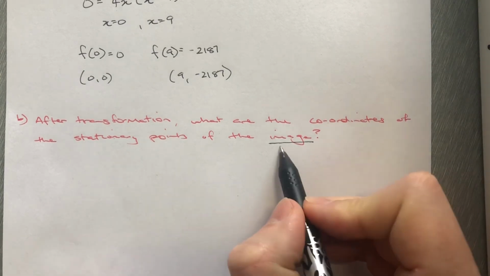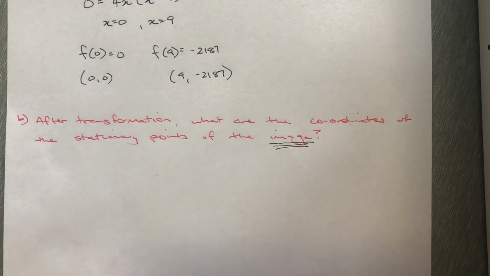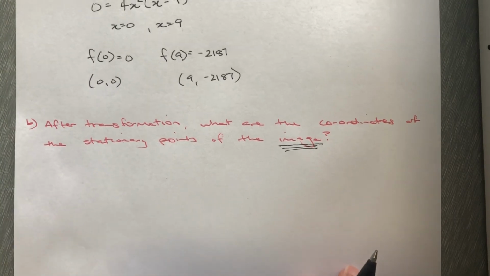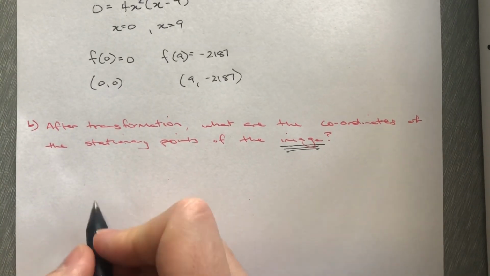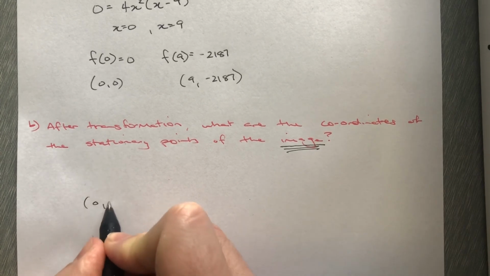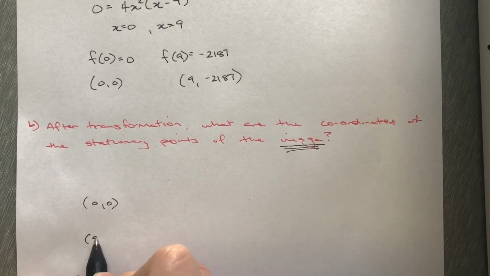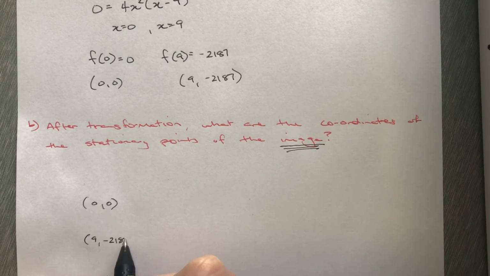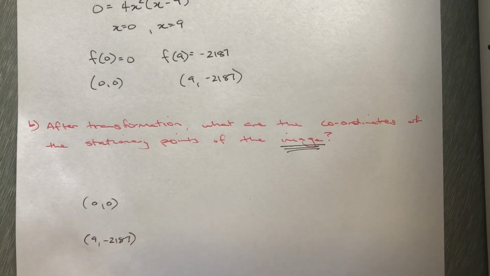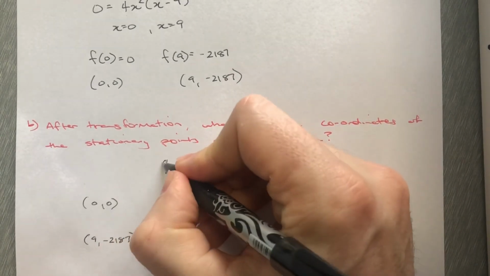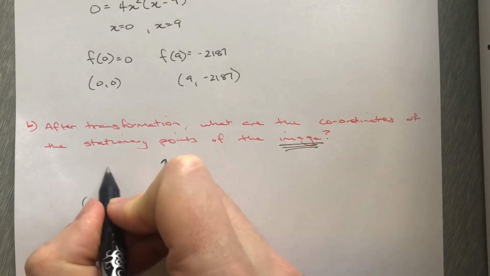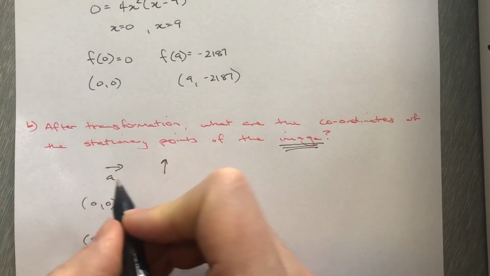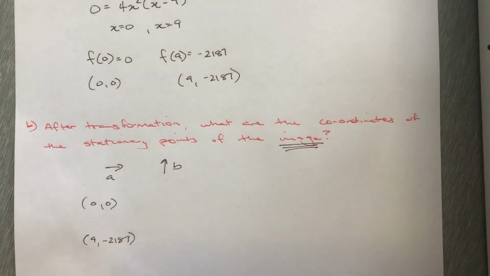Okay, so image is always after translation or transformation, sorry. Alright, so our old stationary points were these, weren't they? We just found them out. Now we're going right a units, and we're going up b units.